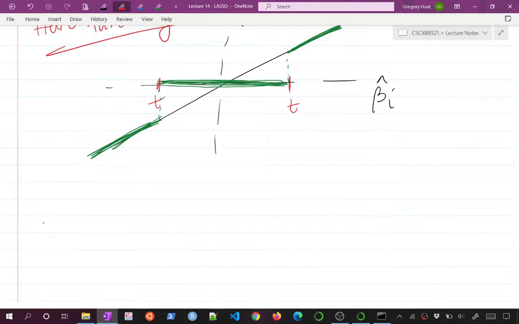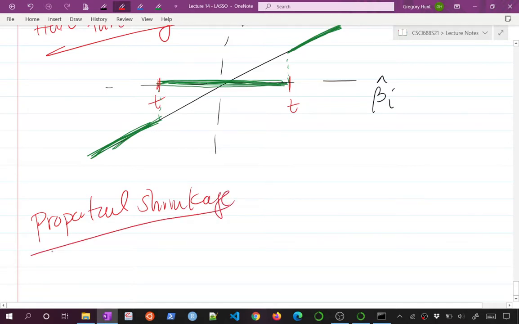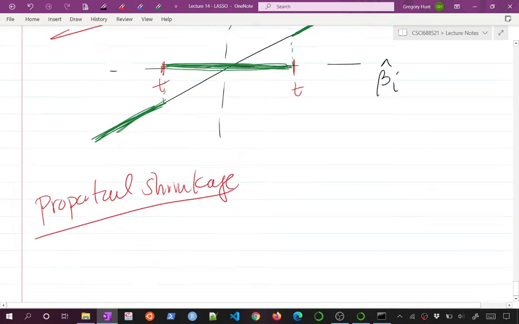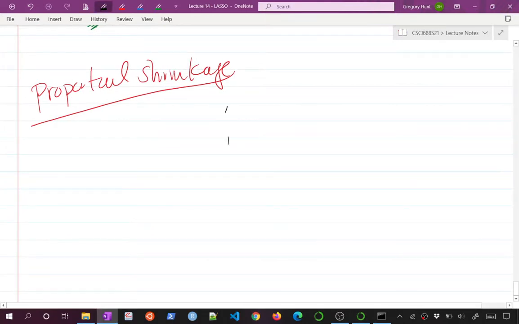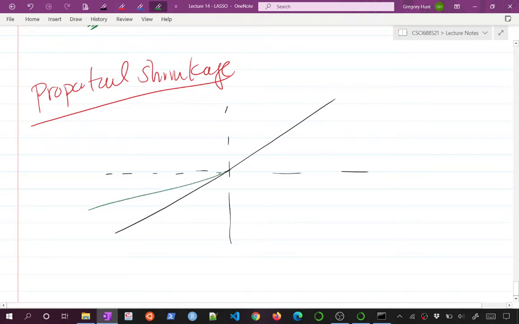The proportional shrinkage is, let's draw the axes here. Here's my 45-degree line. Proportional shrinkage is just going to shrink everything. It's going to fit it on a line like this, shrinking everything towards 0.